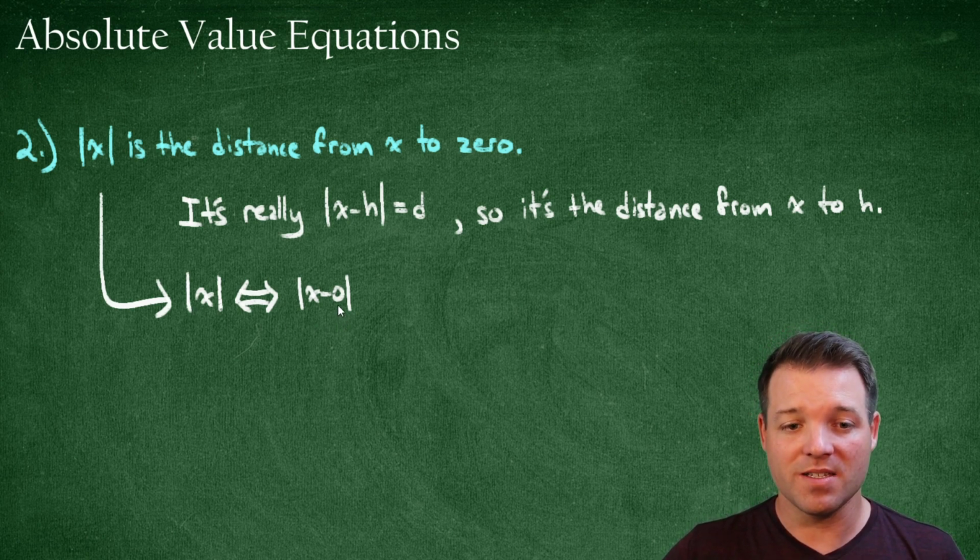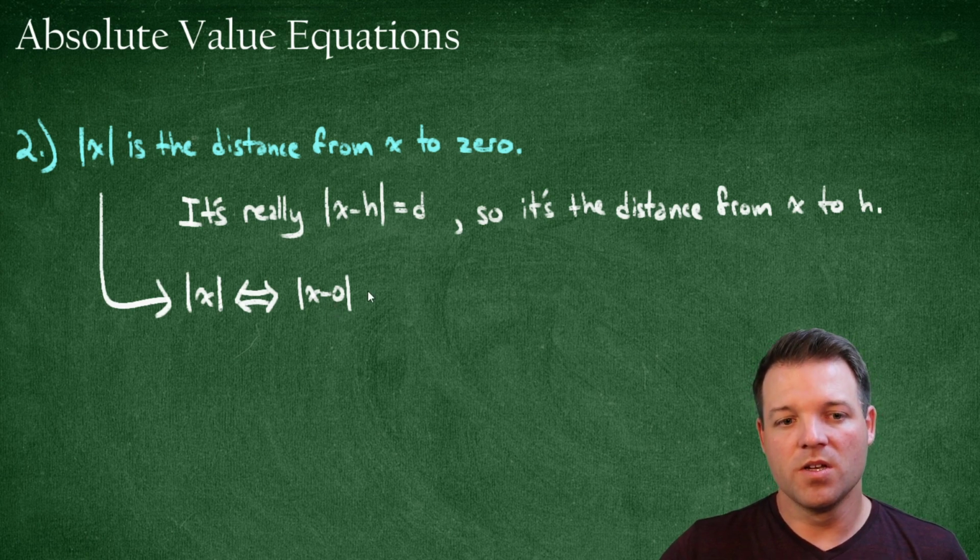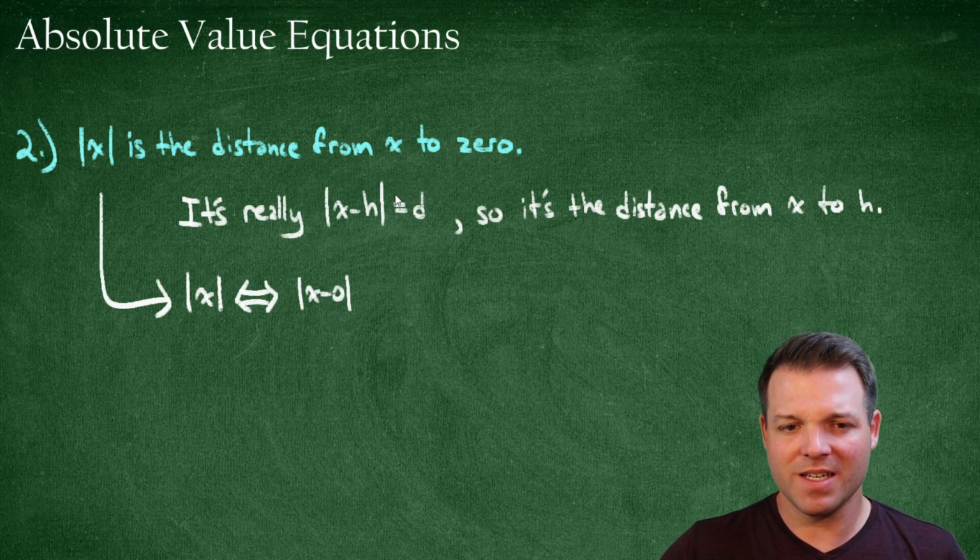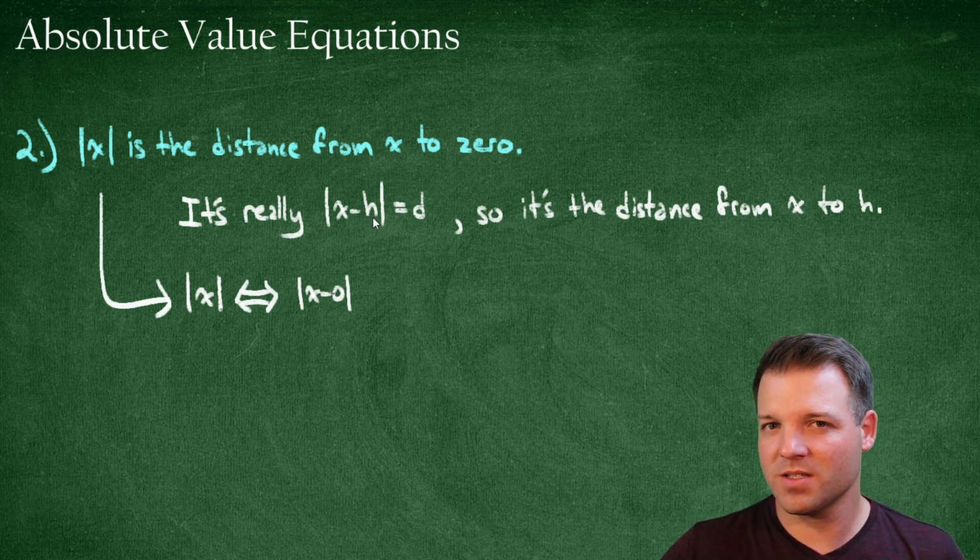So in this case, it is still the distance from x to h. It's just that h is 0, so from x to 0, okay? So I want this to stick in your mind, that it's really the distance from x to h, and it's also negative here, by the way. It's x minus h, okay? So that's something to be aware of, okay?